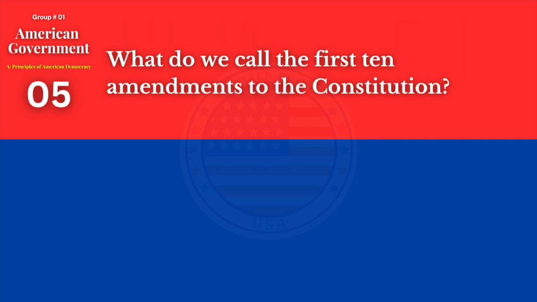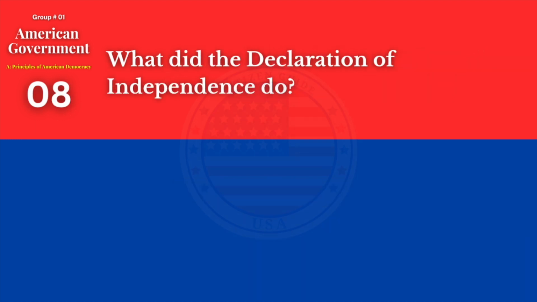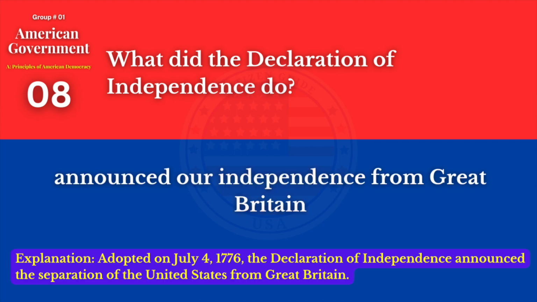What do we call the first 10 amendments to the Constitution? The Bill of Rights. What did the Declaration of Independence do? Announced our independence from Great Britain.